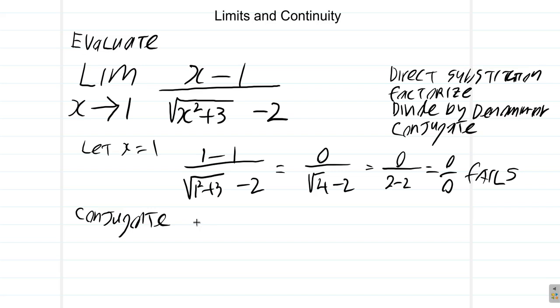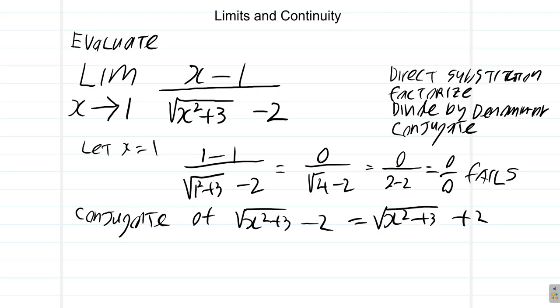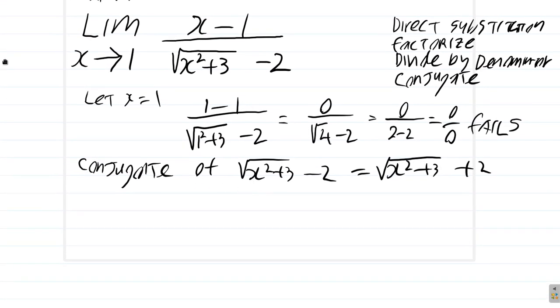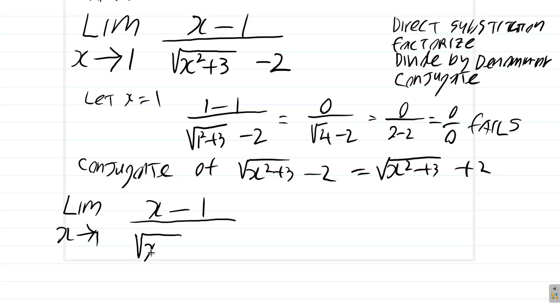The conjugate of the square root of x squared plus 3 minus 2 is equal to the square root of x squared plus 3 plus 2. Let's multiply both numerator and denominator by that. So we have the limit as x tends to 1 of x minus 1 up top over the square root of x squared plus 3 minus 2 down the bottom.